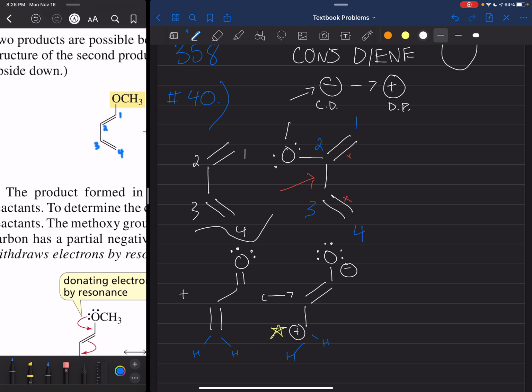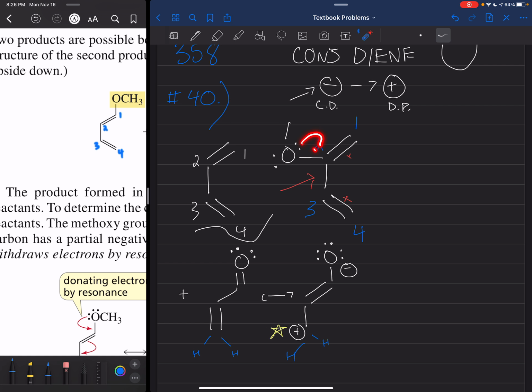You don't want to be tempted to put a double bond here, because then it stops. That's not resonance. You're not really doing anything in that case. When we were here, we put a double bond right onto an oxygen. There is no double bond here.